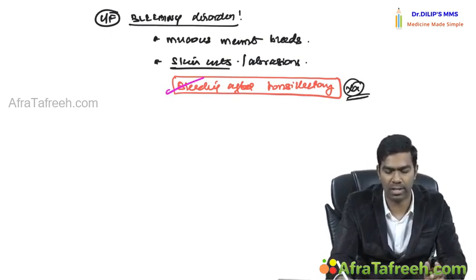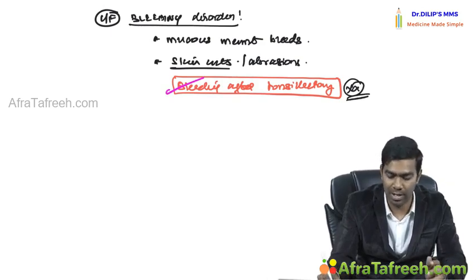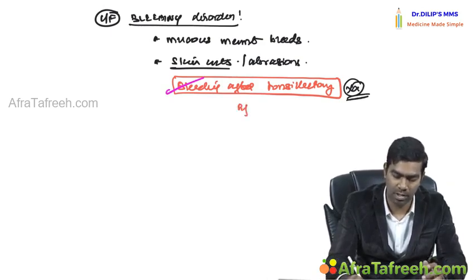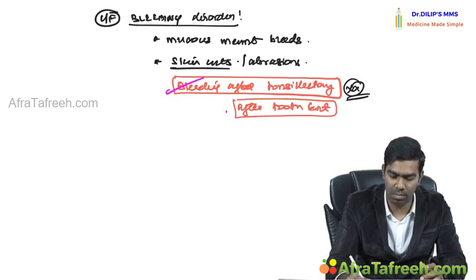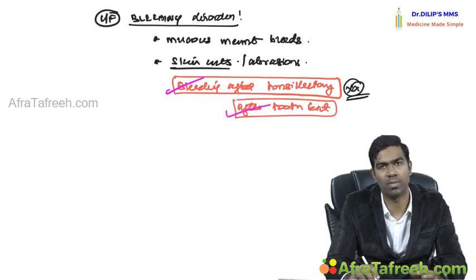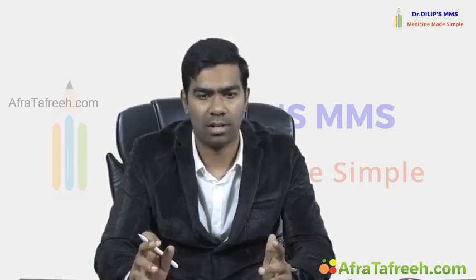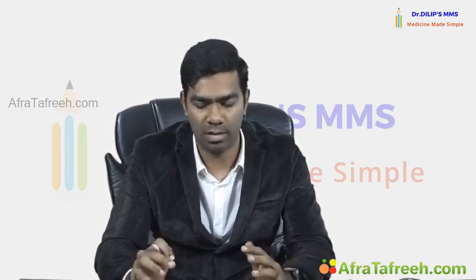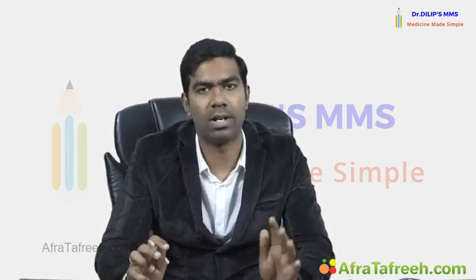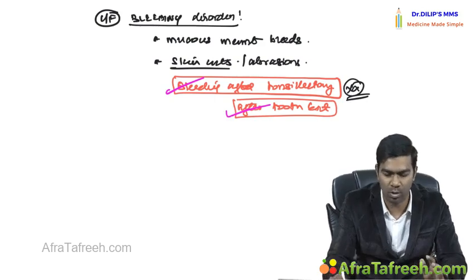If they tell excessive bleeding after tonsillectomy or a dental procedure, excessive bleeding after tooth extraction, if they give these two histories, you can, with closed eyes, tell it's von Willebrand disease, unless you have a clear-cut feature of a clotting disorder. Blindly you can tell bleeding after tonsillectomy, excessive bleeding after a dental procedure like tooth extraction is equal to von Willebrand disease in the exam. This is stereotypical and universal.